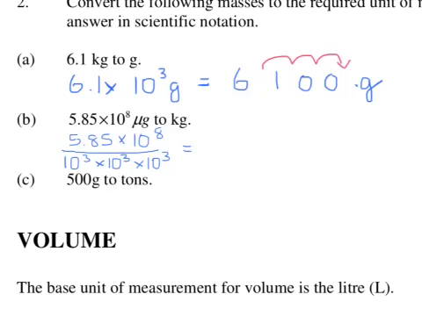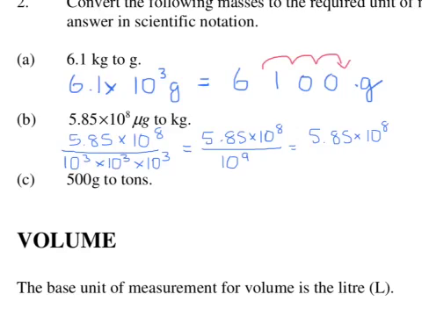So using our index laws now and simplifying the denominator, adding all the powers in the denominator, we've got in total divide by 10 to the power 9. Using the second index law now, 5.85 multiplied by 10 to the power 8.